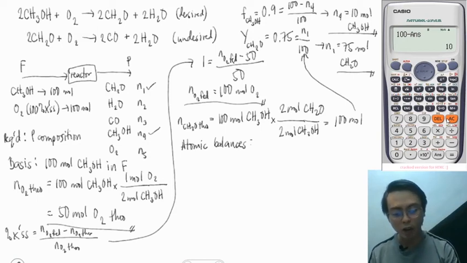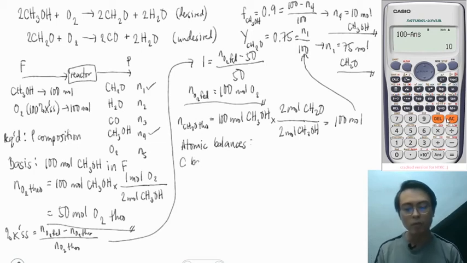So let's start with the carbon balance, or C balance. This is just as easy as counting how many carbon atoms there are in a given compound and multiplying that with the amount of that compound. So first, in your feed, the only carbon source is methanol, and there is only 1 carbon in methanol.